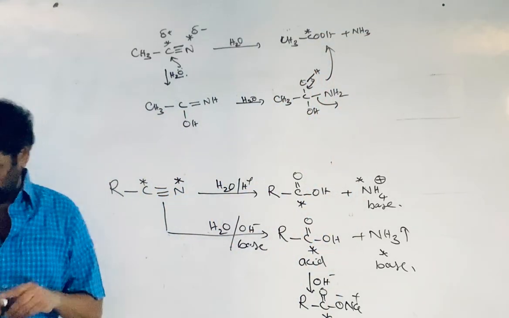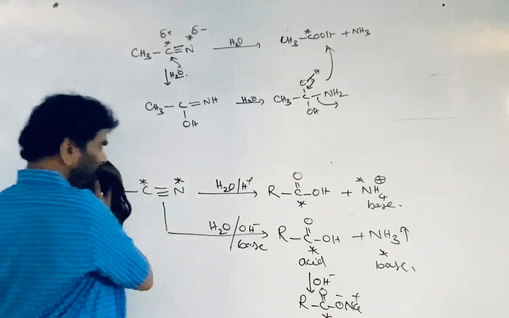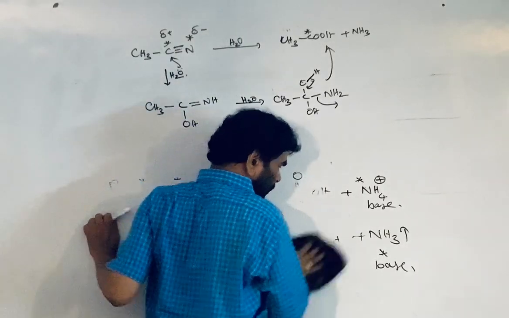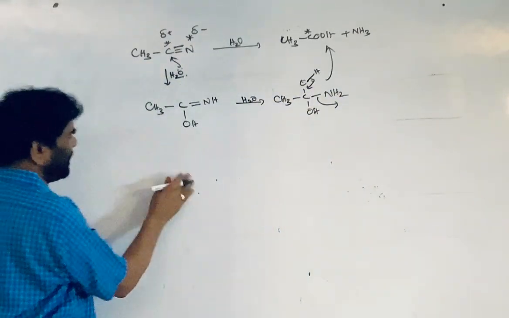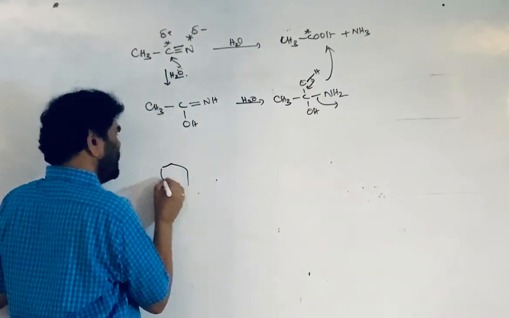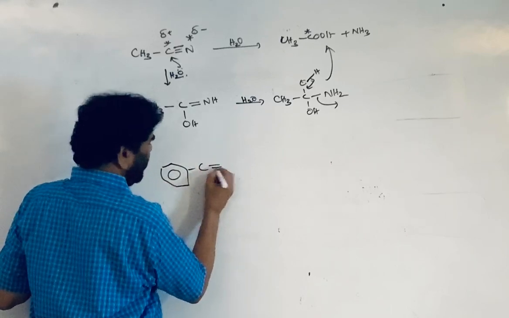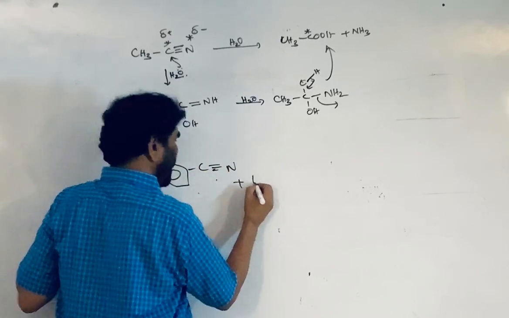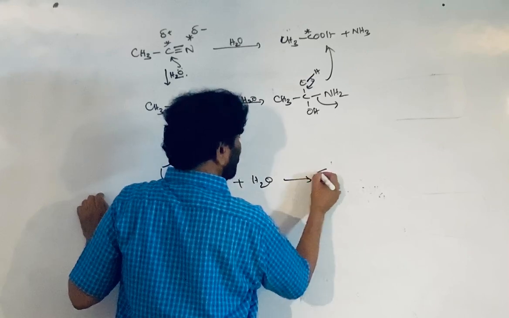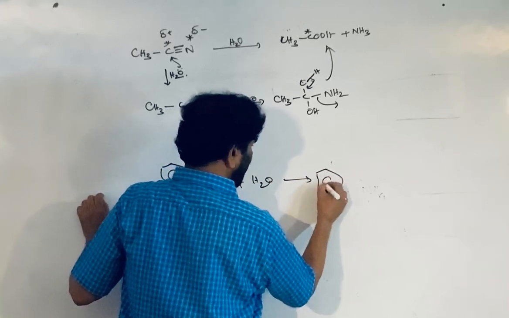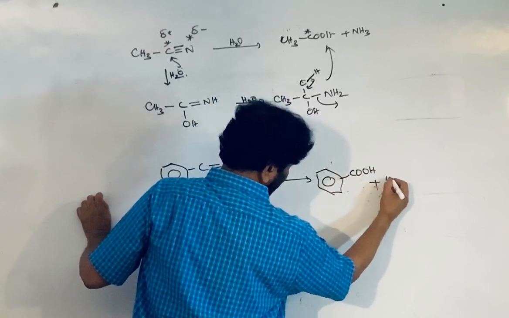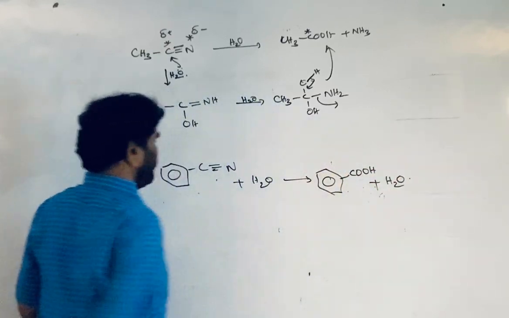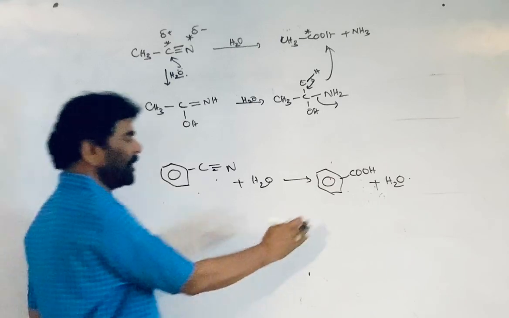This is the reaction. So I told you the influence of the pH of the medium. You can take anything, acetic acid is prepared. Now this is the cyanide, C triple bond N, plus hydrolysis gives the carbon, cyanide carbon is converted into carboxylic acid, followed by water, followed by ammonia.